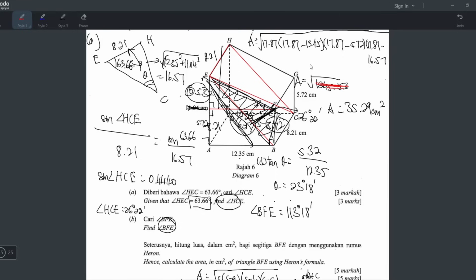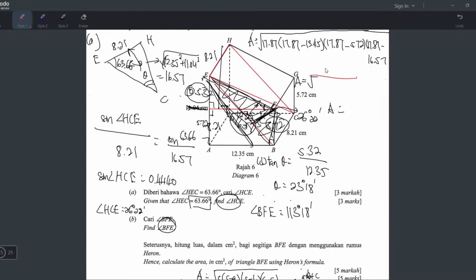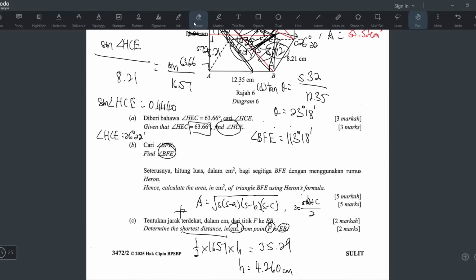So it's actually 1247.57. I think I pressed it wrongly just now. So let me erase this. This one I was careless. It is actually 1247.57. And when you square root the answer, the area is 35.32 cm square. So that means this down here also has to change.